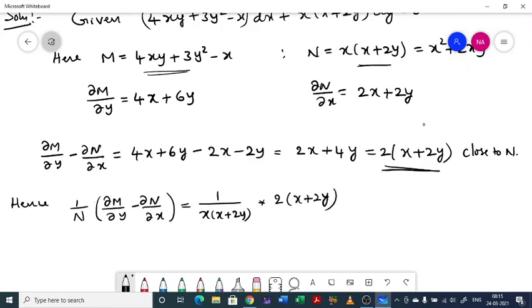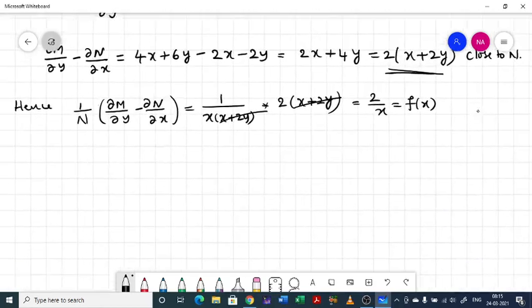So x + 2y gets cancelled. You remain with 2/x, that is f(x). So we got f(x).